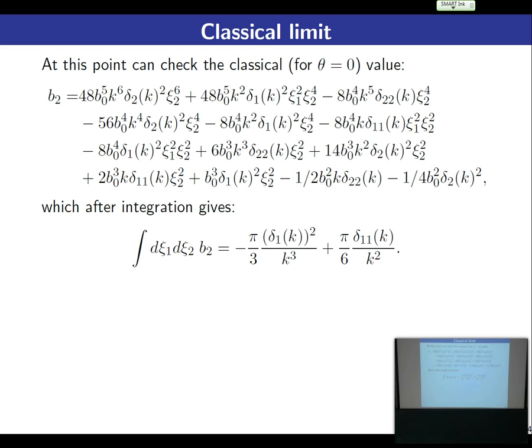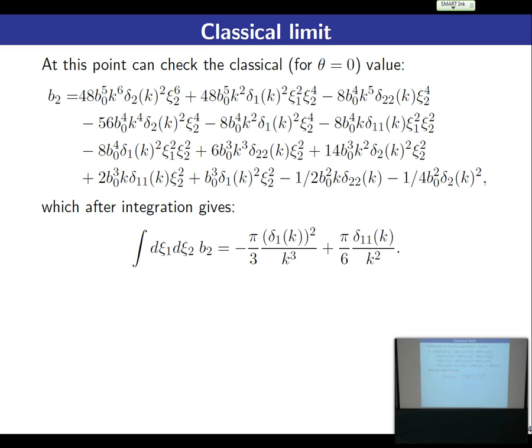But at least at this point, we can check the classical value, that we are okay. So for theta equals 0, there are some commutation relations, so you can reshuffle the terms and combine them into this expression. Okay, b2 looks classically like that.